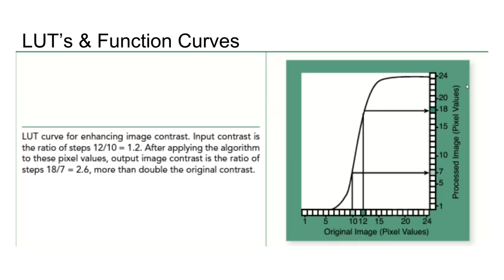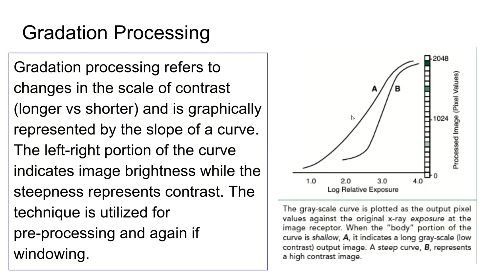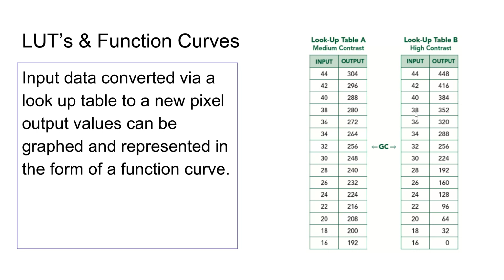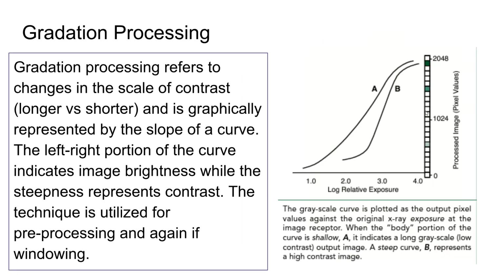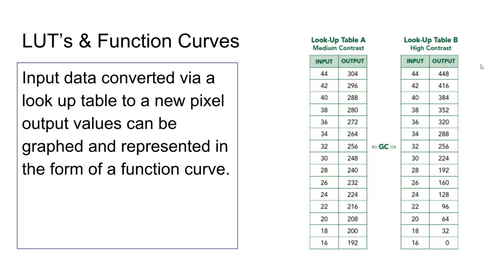And now you want to change to A or B. So A actually represents curve A. B represents lookup table B. What do you notice about these? So take a look at the input columns. The same. So they're the same.